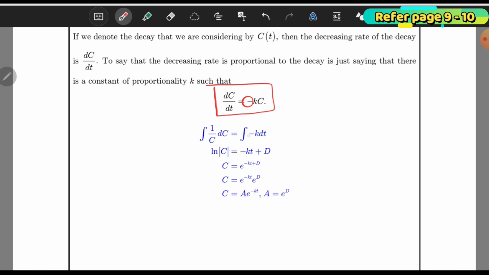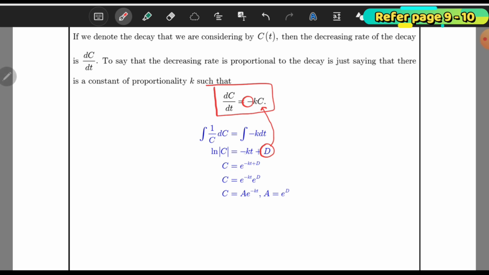By integrating both sides, we will get ln C equal to negative kt plus D. I'm using D here because I have C already, so we need to use another letter.